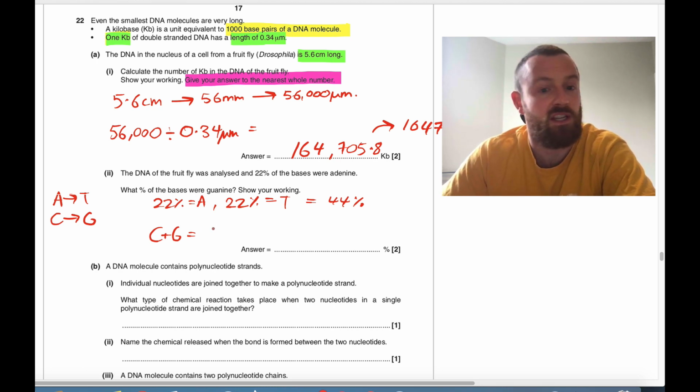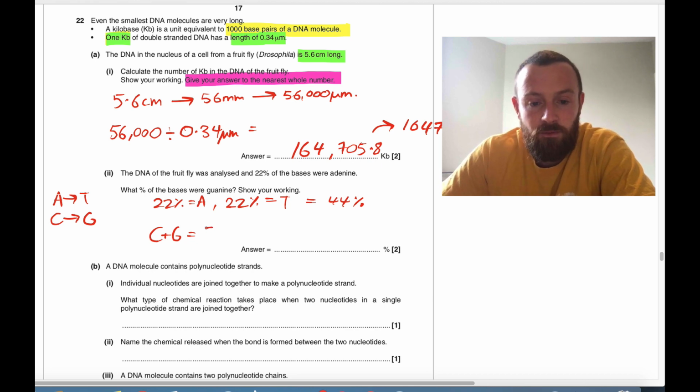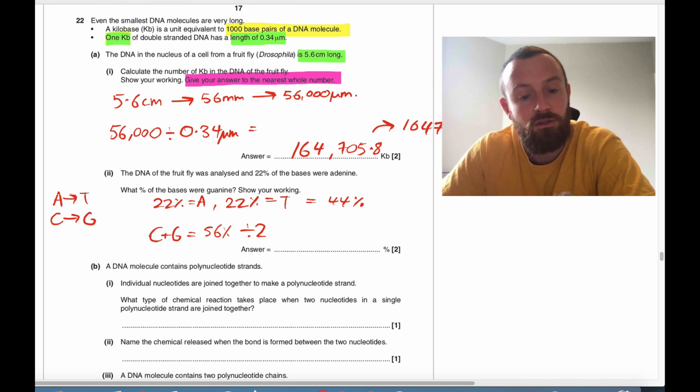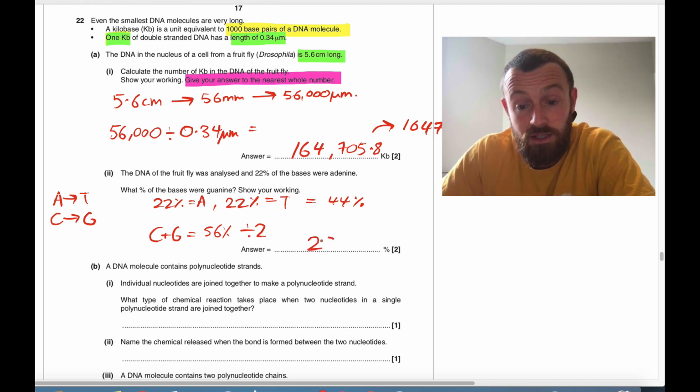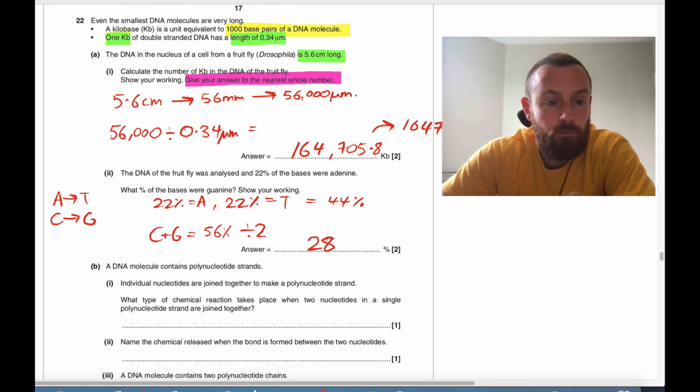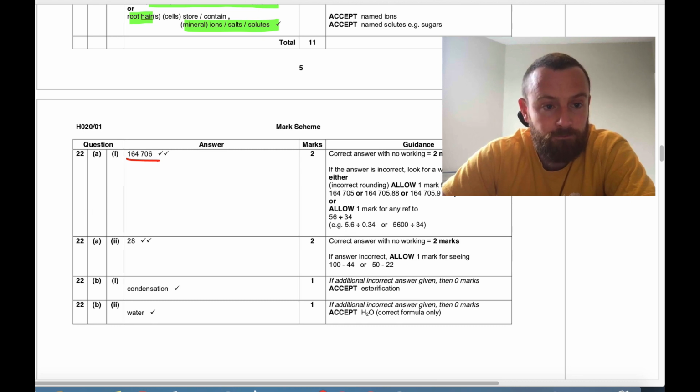It's not 66, it's 56%. Divide that by 2 to get either C or G. Double checking my working: 100 minus 44 equals 56, divided by 2 equals 28%. Mark scheme, yep, correct.